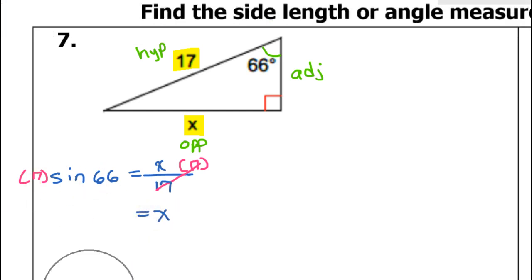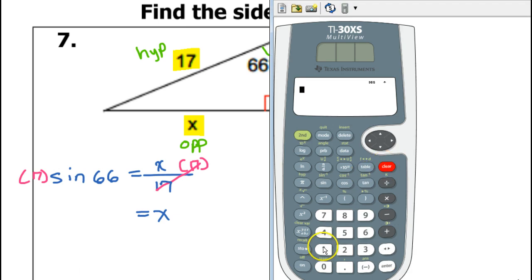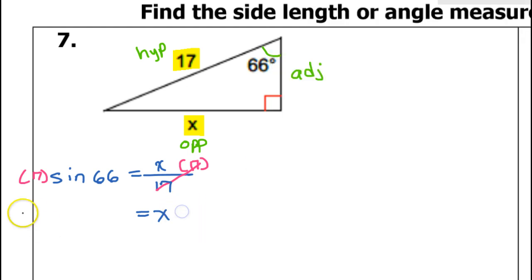And you can just type this in your calculator, 17 sine 66. So we go 17 sine 66. Boom. 15.530. So this is x.